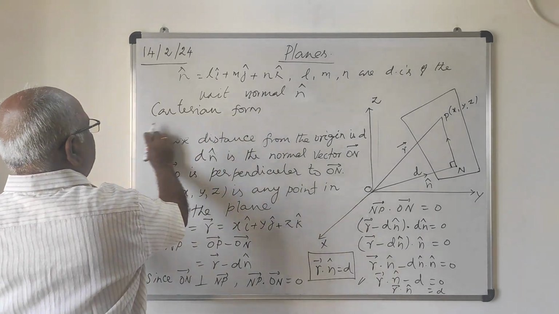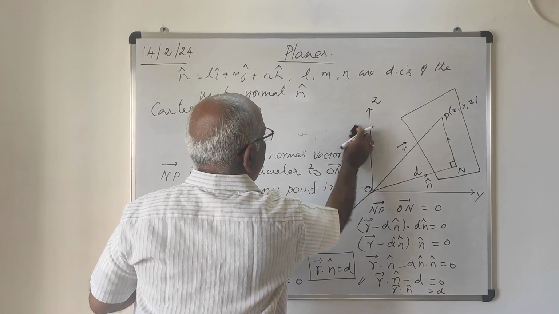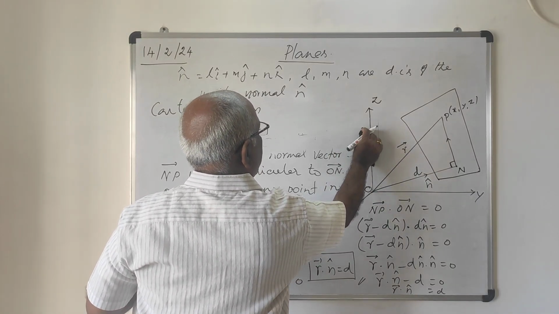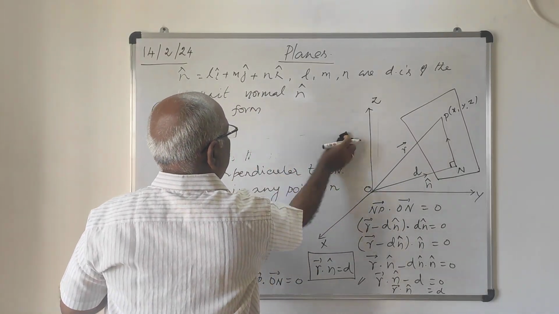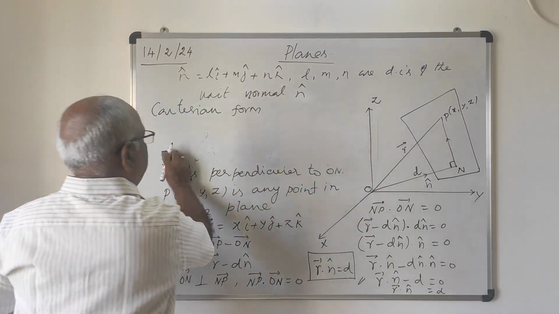In r dot n cap equal to d, d is the perpendicular distance of the plane from the origin.